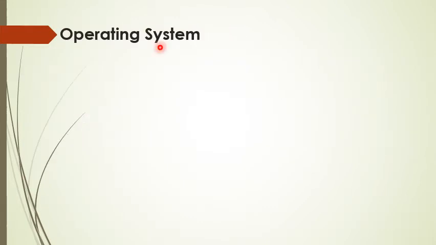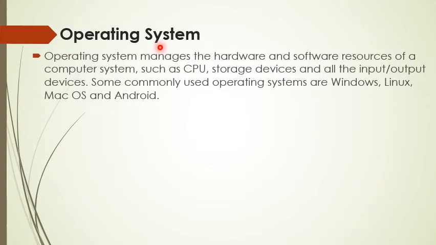The first type of system software is the operating system. In your computer, the storage device, the CPU, and all input-output devices, which are also known as resources, are managed by an operating system. So we can say that the operating system manages the hardware and software resources of a computer system.